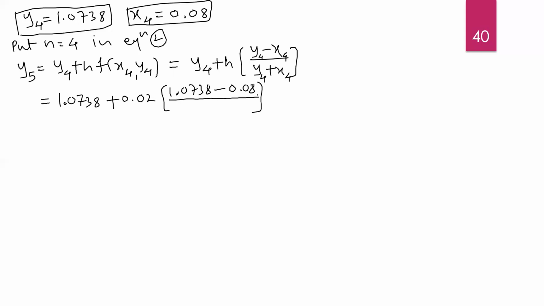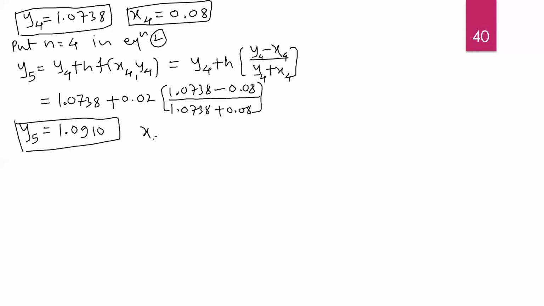Same value in denominator, only addition: 1.0738 plus 0.08. So we get y5 as 1.0910. Now this is the value at x5.